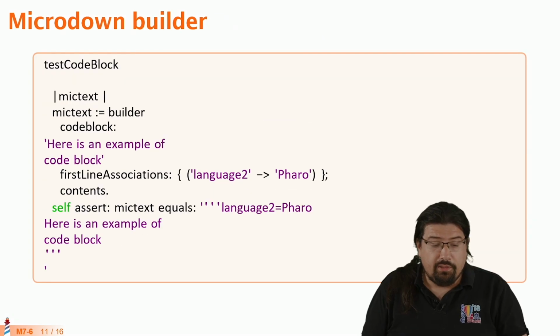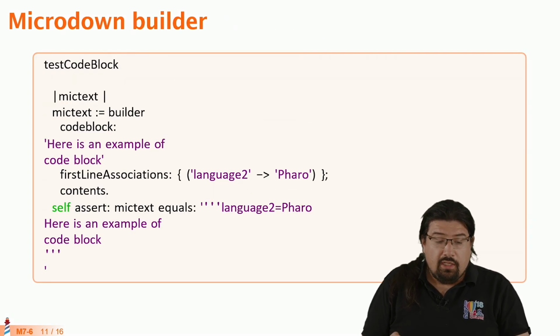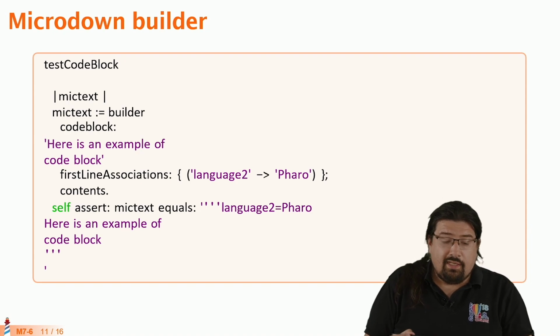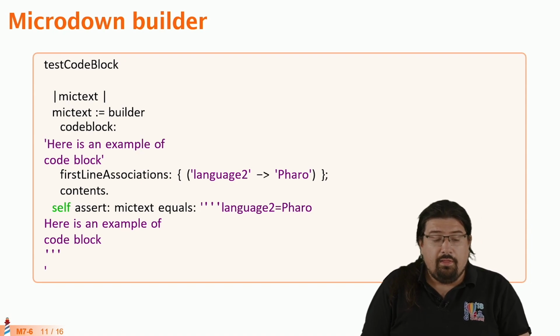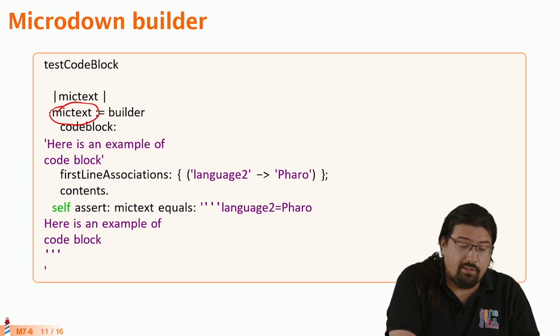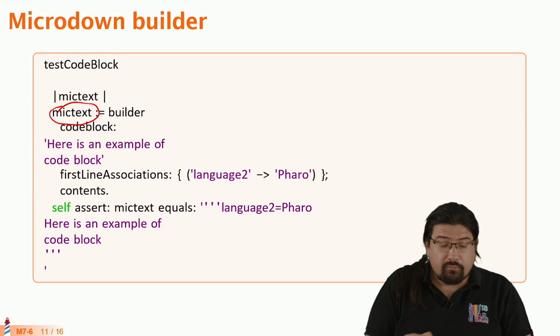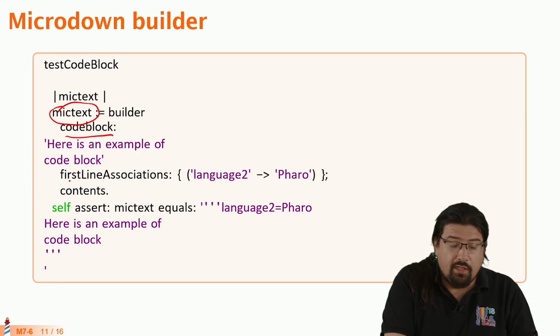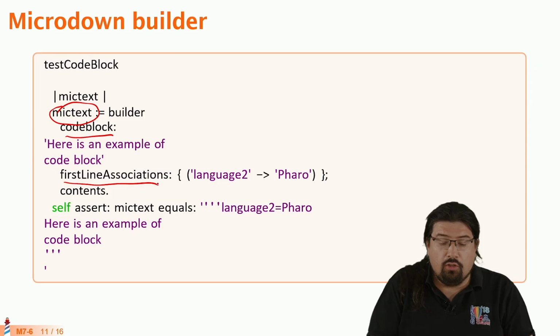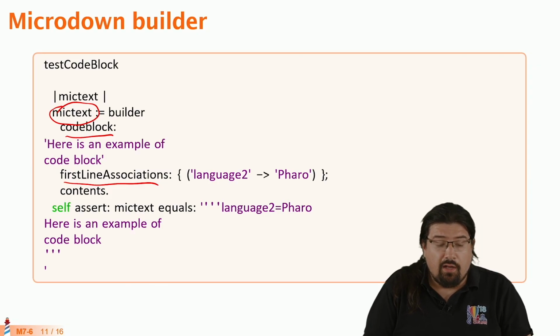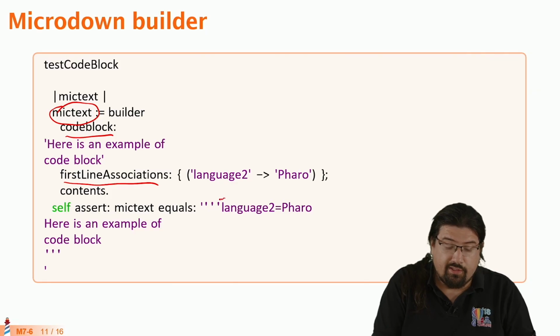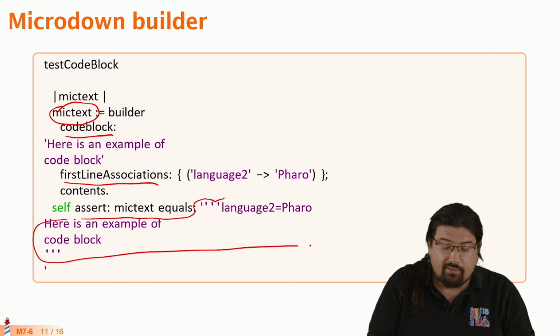In this little example, when we are creating the Microdown text object, we are using the builder, and we are talking to the builder in terms we know, in this case about the Microdown text. We don't care about what objects are used to create it, or what the final result of the string is in our test.